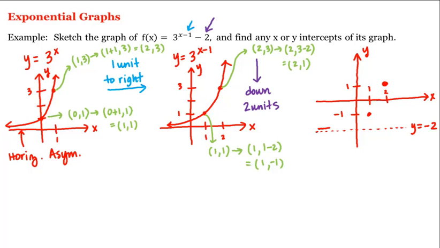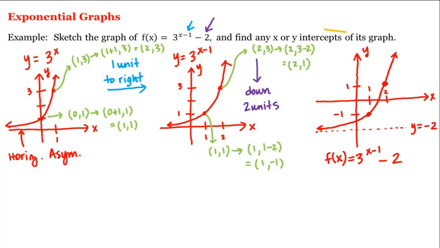And so our graph looks like this. And let's darken these points we plotted. That is, this is f of x is equal to 3 raised to the x minus first power, and then minus 2.